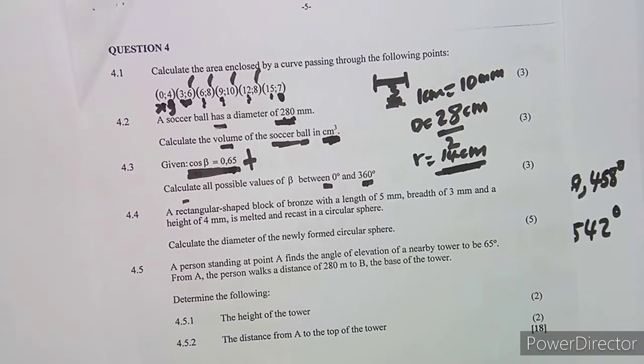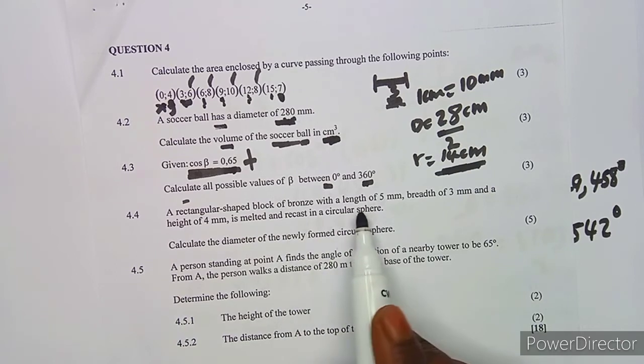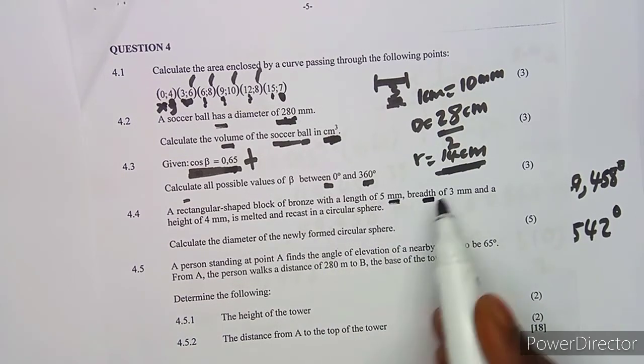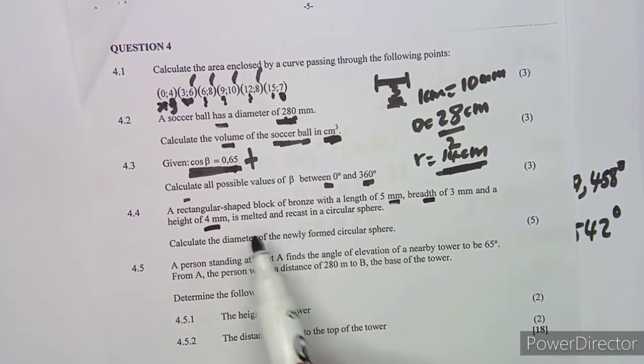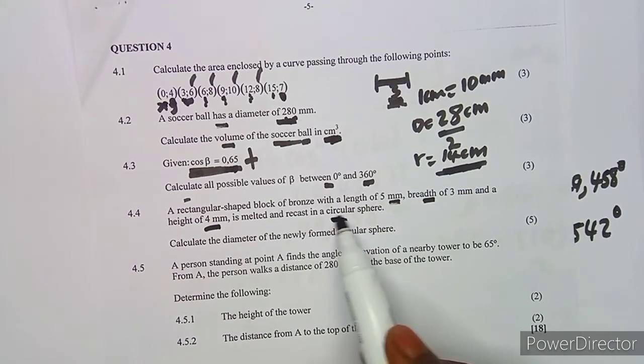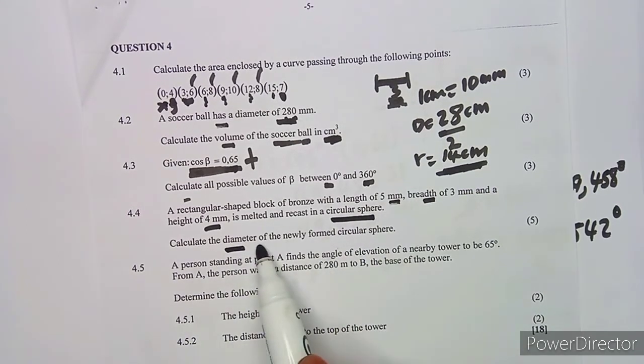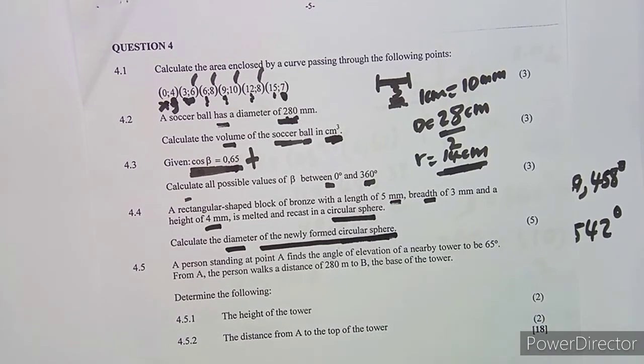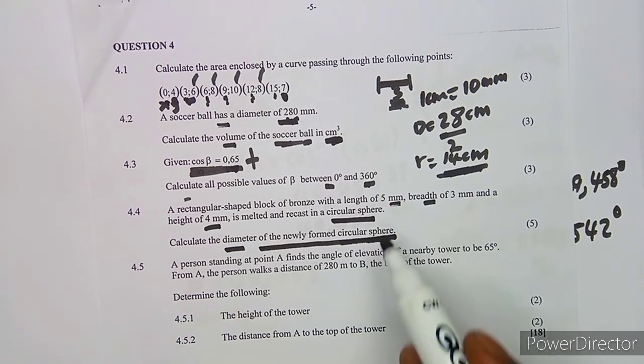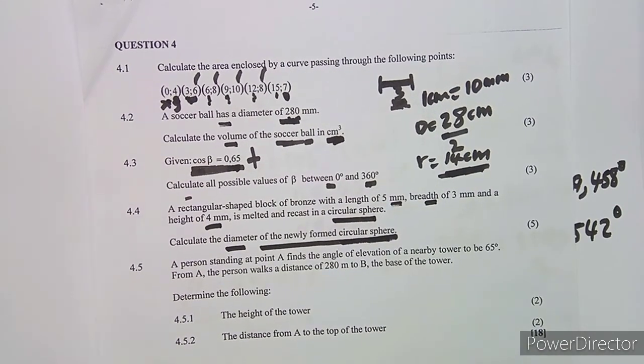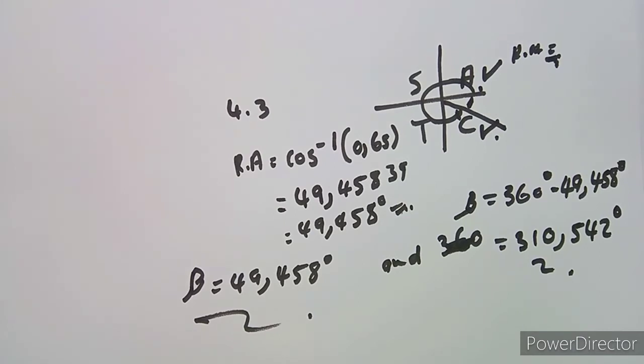All right, a rectangular block of bronze, with length, breadth, and height given in millimeters, is melted into a sphere. Calculate the diameter of the newly formed sphere. So what's the relationship between these? If you melt a rectangular prism into a sphere, the two are going to possess the same volume.